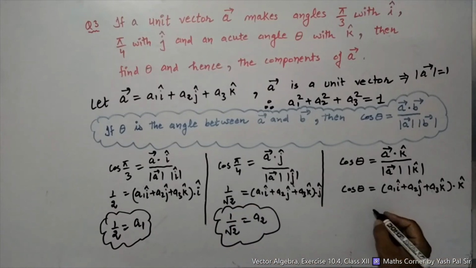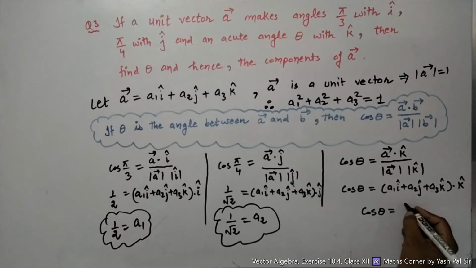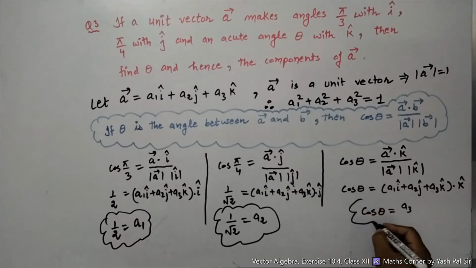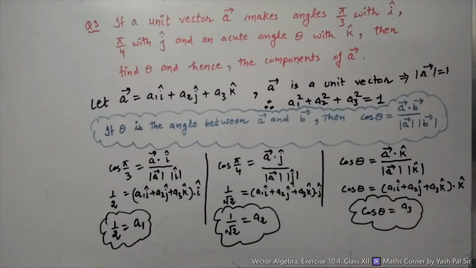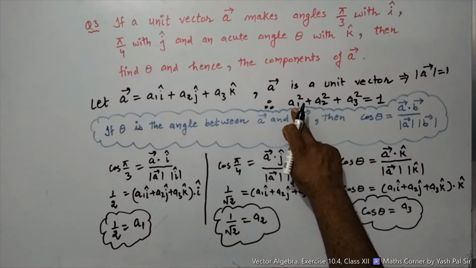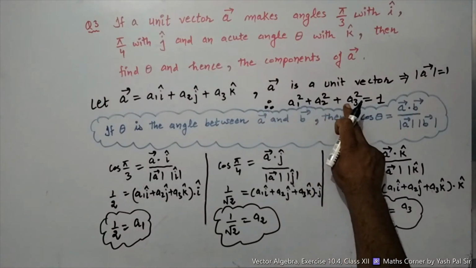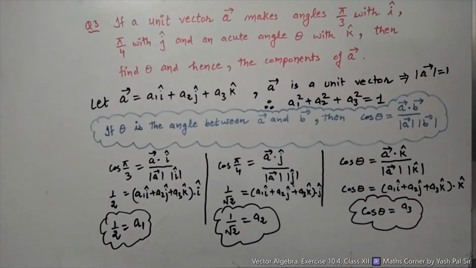Lastly, we have k dot k is 1, so cos theta is the value of a3. So corresponding components we have got here. Now what we are going to do, we shall follow this condition: a1 square plus a2 square plus a3 square is equal to 1.